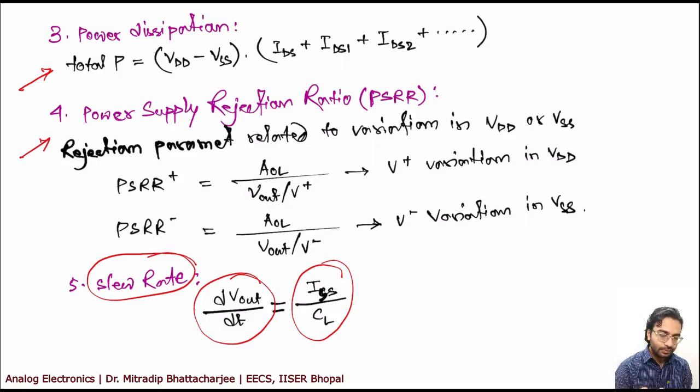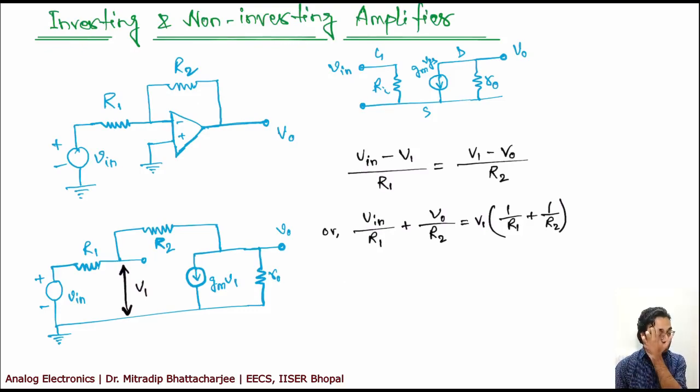Now I will discuss some of the circuits related to op-amp, the first one is inverting and non-inverting amplifiers. So let us start with inverting amplifiers. This is the typical circuit of the inverting amplifier, wherein this minus and plus terminal define how your output is going to be if you put input to either of these terminals.